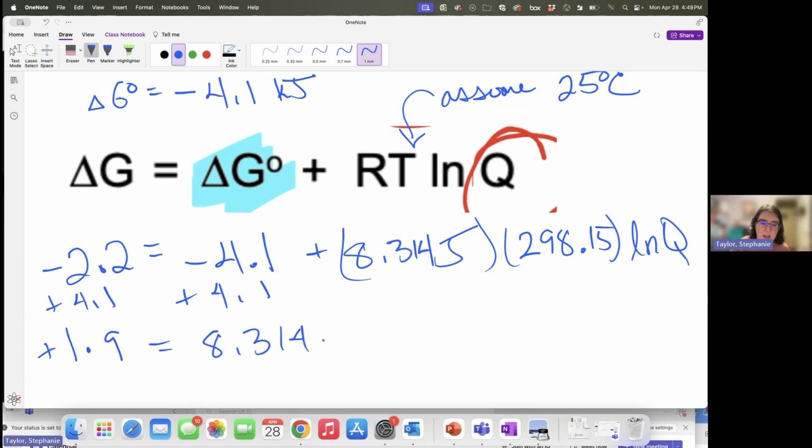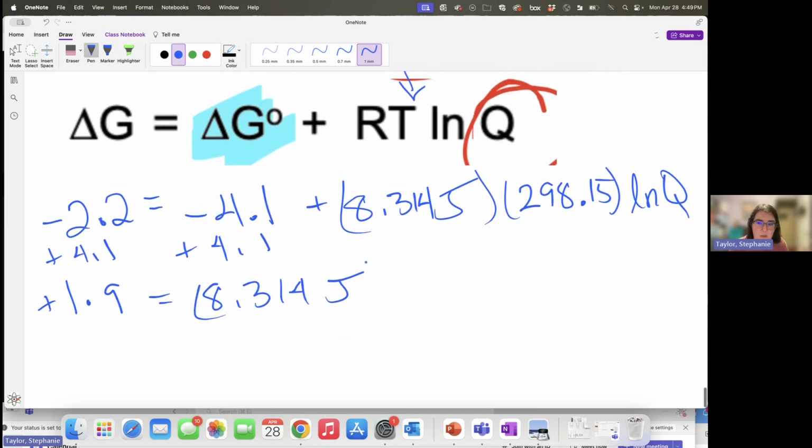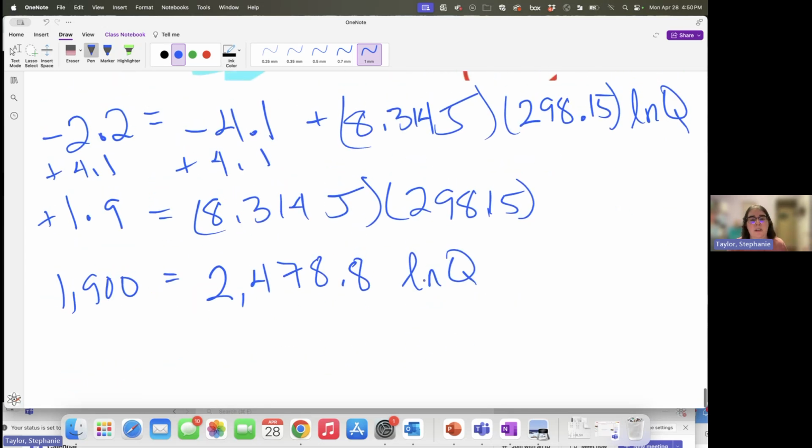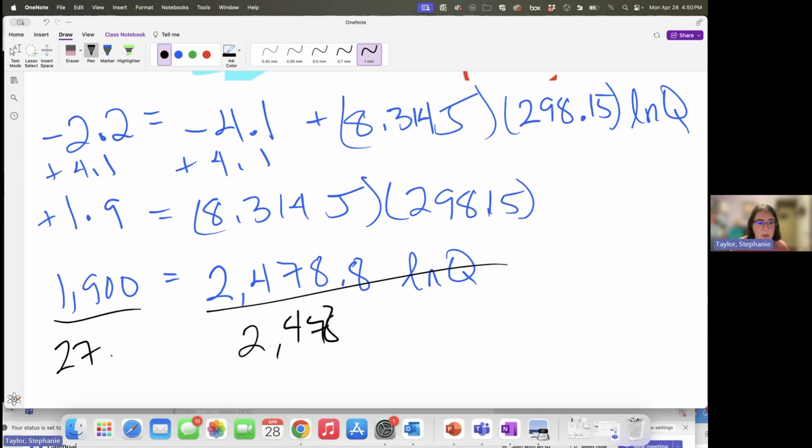At this point, I'm going to change my units. When you do that is up to you. But this is really 1,900 is equal to 8.314 times 298.15, which is 2,478.8 times the natural log of Q. So now I get to divide both sides by 2,478.8.